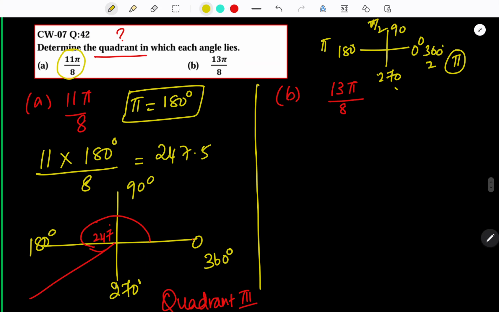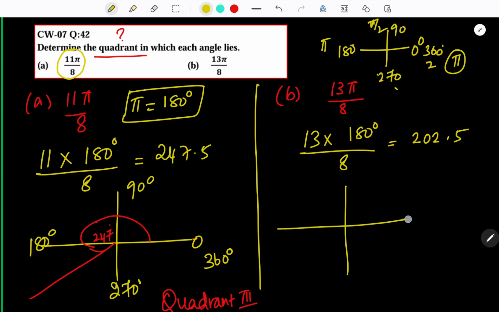The next question is 13 pi, which is 180 divided by 8, which is equal to 202.5. You can put it in the calculator. So 0, 90, this is 180, this is 270, and this is 360. 202 is after 180, so it is here.